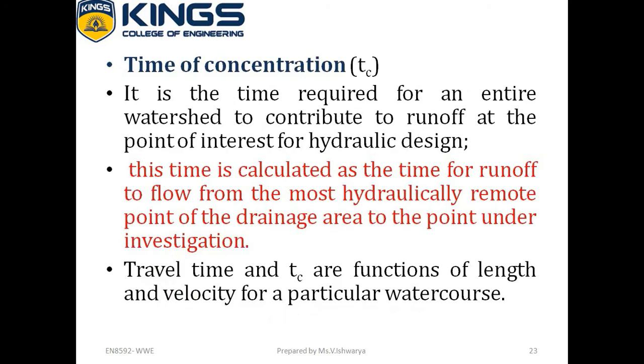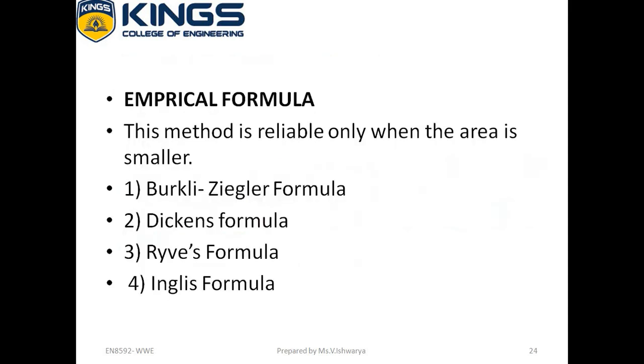So next is the main term, time of concentration. Time of concentration means the time required for an entire watershed to contribute to runoff at a point of interest, where the final flow is known as the point of interest. This can be calculated by adding time of inflow and time of outflow. The travel time and the Tc are mainly a function of length and velocity for a particular water course.